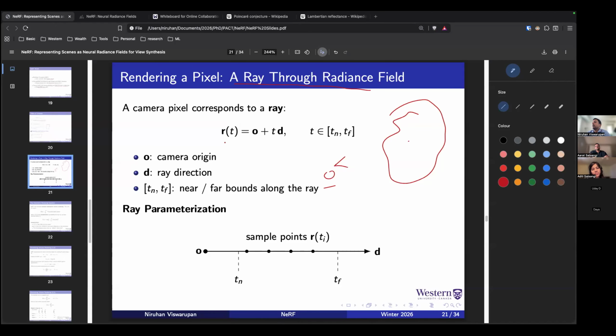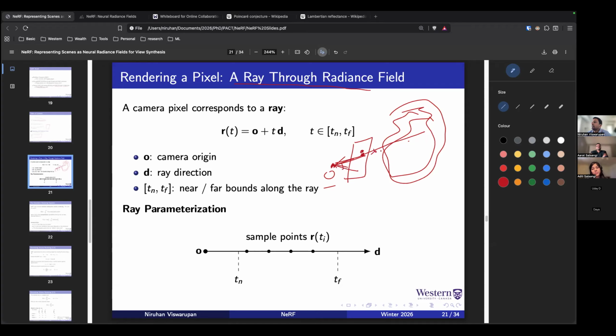So you can think of it in a similar manner. There is an origin, then there is a cloudy 3D space, but it can represent anything. If you fix a direction, let's say there's an image plane here and you want to render this pixel, then you draw a line from the origin to that pixel, and that's a fixed angle, right?